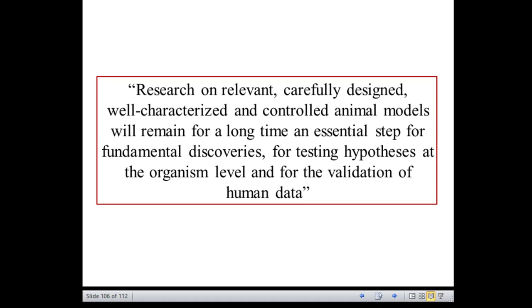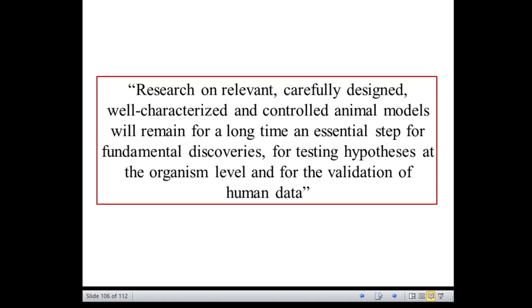Right? So this is beautifully said. Whatever research you do on a well characterized, carefully designed and controlled animal model system will definitely remain an essential step for fundamental discoveries, to test the hypothesis and for the validation of the data.